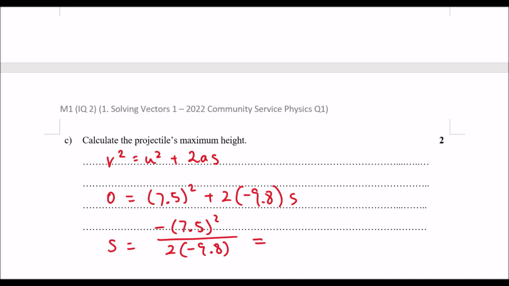Okay, let's see what the maximum height is. So the maximum height I reach, again at 2 decimal places, is 2.87, or you could say 3 sig figs, that. But since I did everything in 2 decimal places in this question, I am going to leave it at 2 decimal places as well. Okay, so that's how you go through this question here.